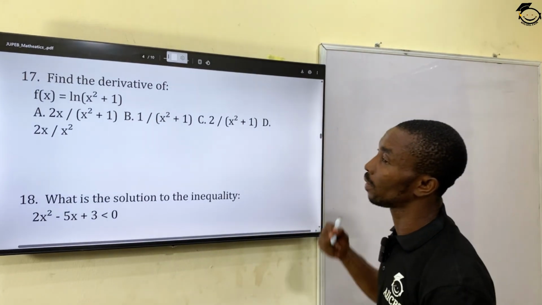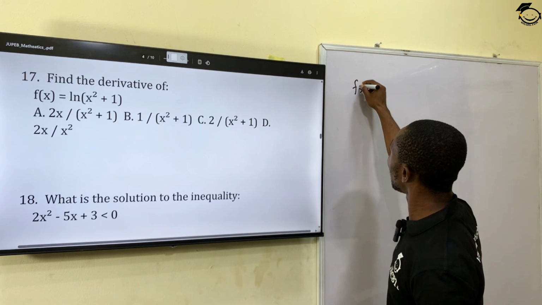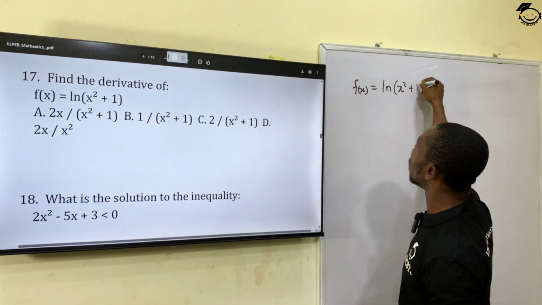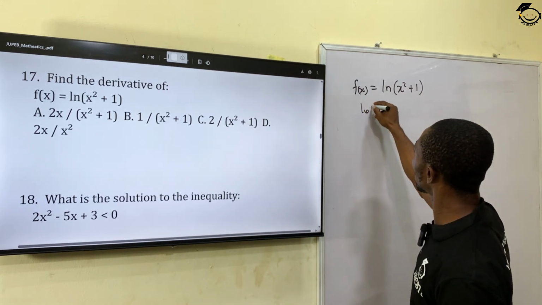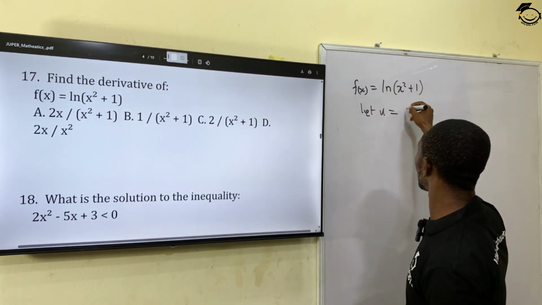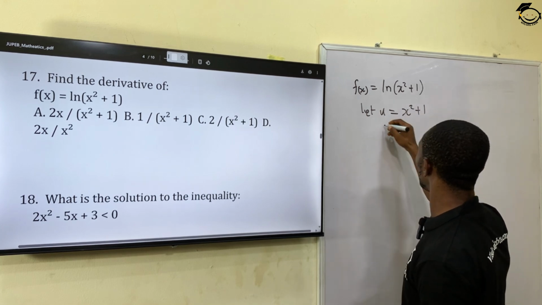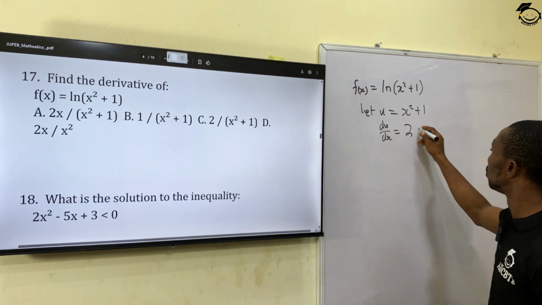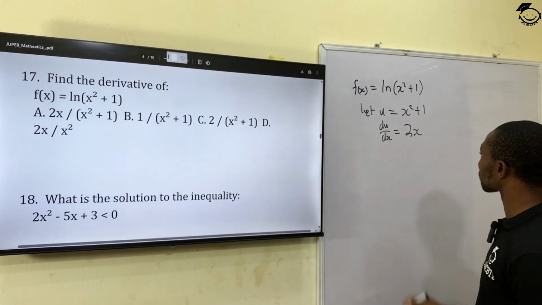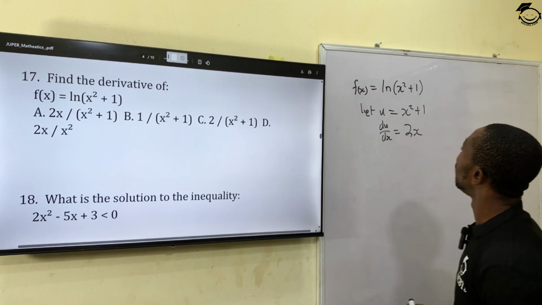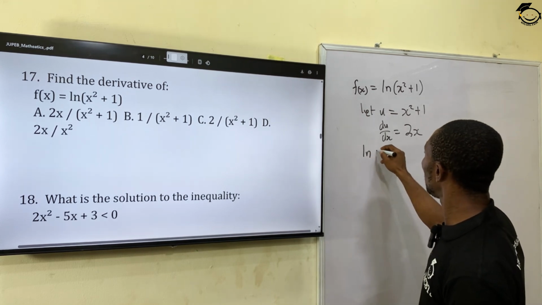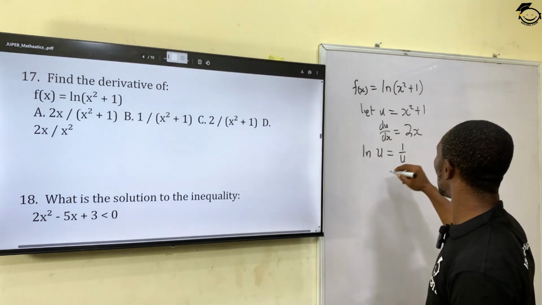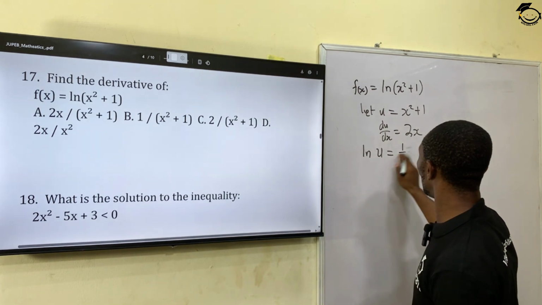It says find the derivative of f of x equals ln of x squared plus 1. Now, first we say let u equals x squared plus 1. So our du/dx will become 2x. Okay? Now, ln u has derivative 1 over u.